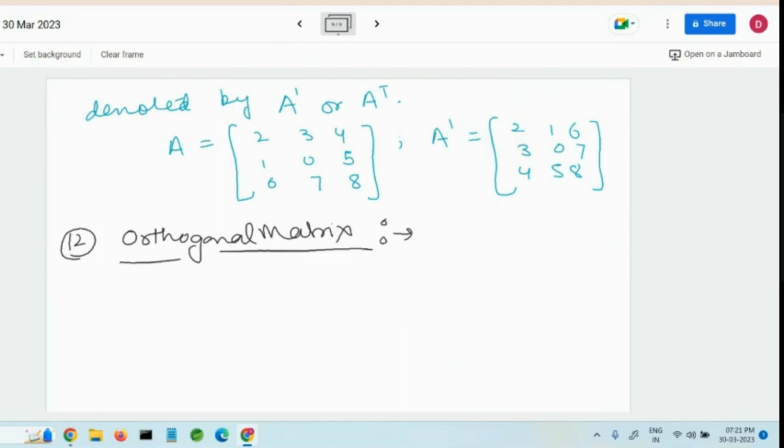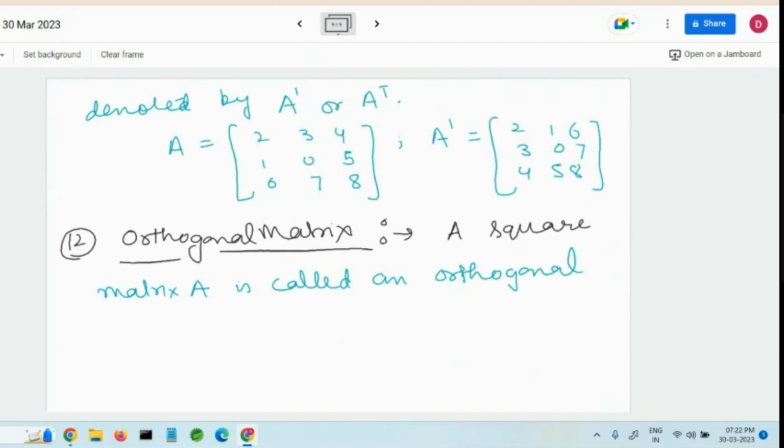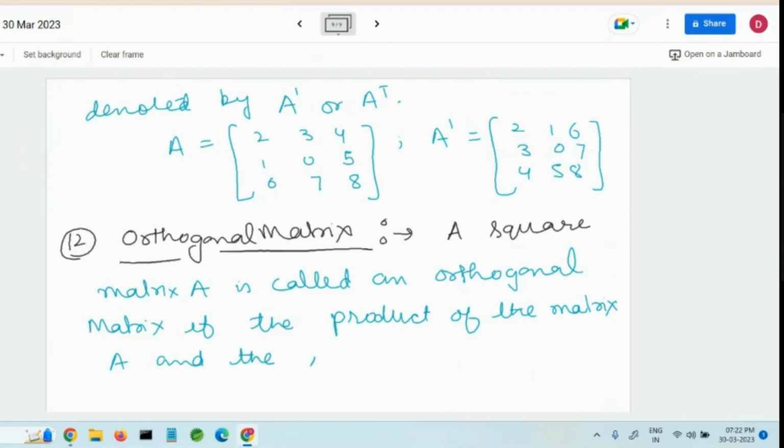So what is an orthogonal matrix? A square matrix A is called an orthogonal matrix if the product of the matrix A and the transpose matrix A dash is an identity matrix.